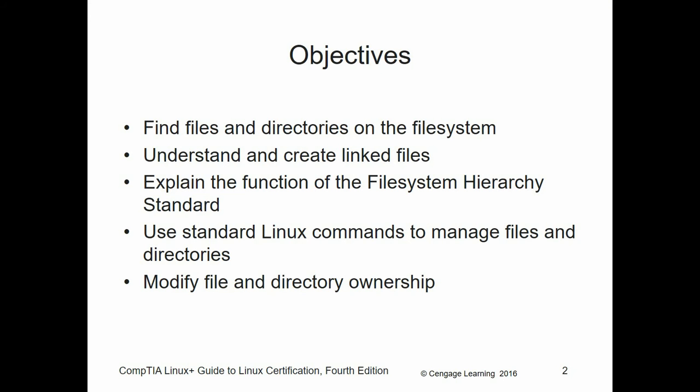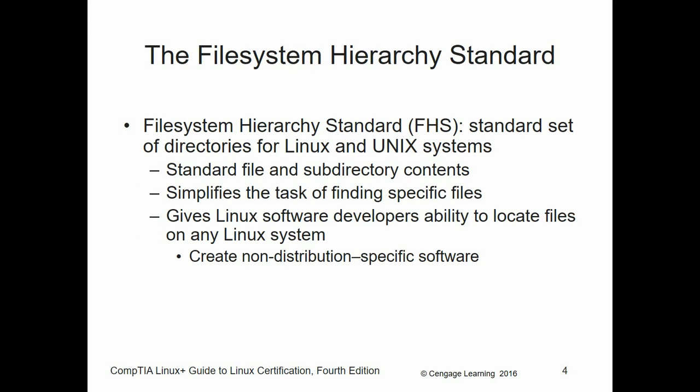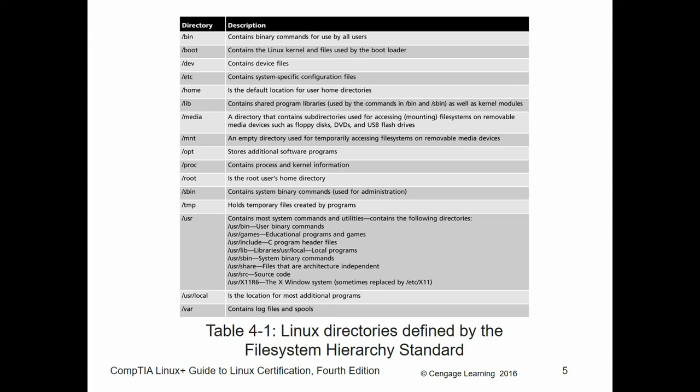This is the objective of the outcome of the chapter, and the file system hierarchy standard, which is a standard set of directories for Linux and Unix systems, with standard file and subdirectory content. It simplifies the task of finding specific files, gives Linux software developers the ability to locate files on any Linux system, and lets them create non-distribution specific software. And these are the directories defined by the file system hierarchy standard.